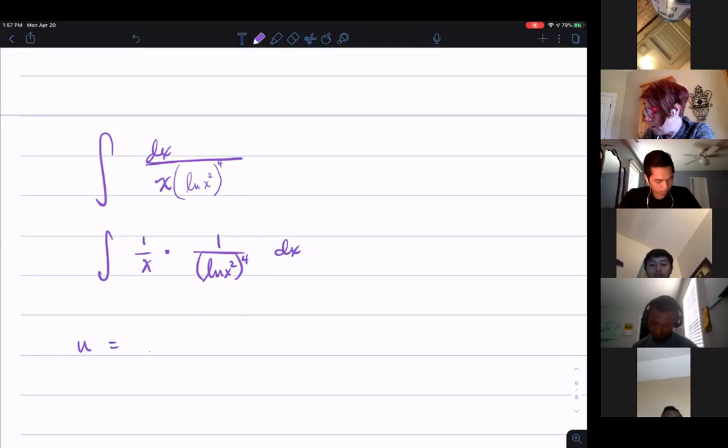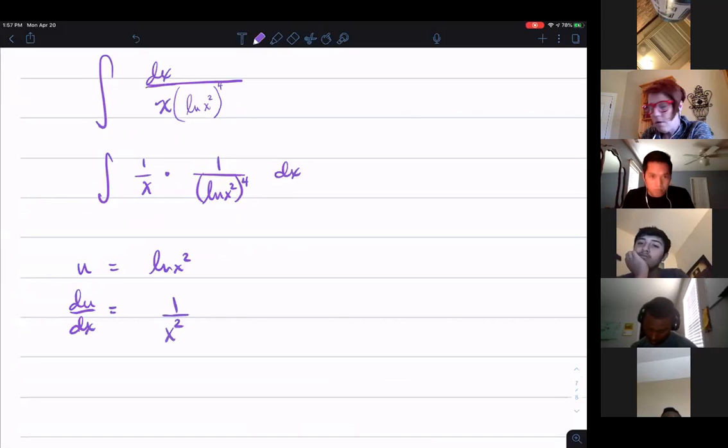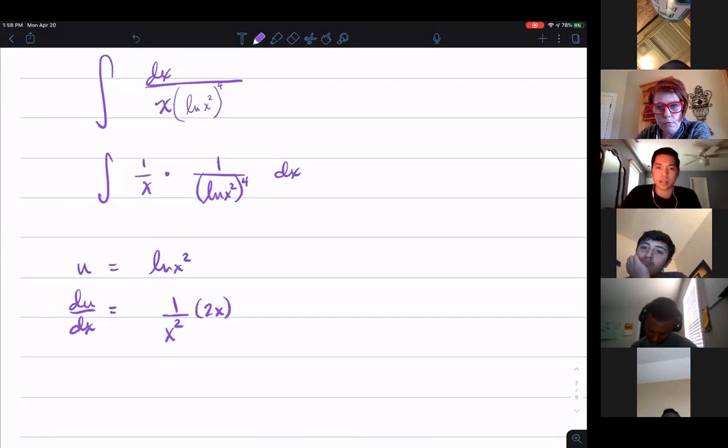So if u is the natural log of x squared, then du dx is going to be 1 over a copy times the derivative of that copy. So far, so good, Richard? Yeah. Okay. So then I'm seeing here that a pair of x's is going to reduce.